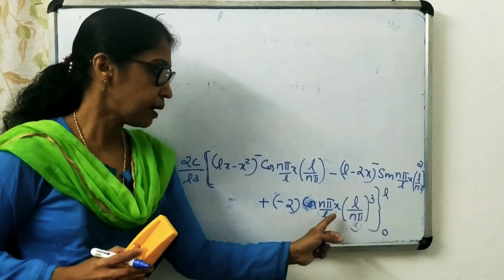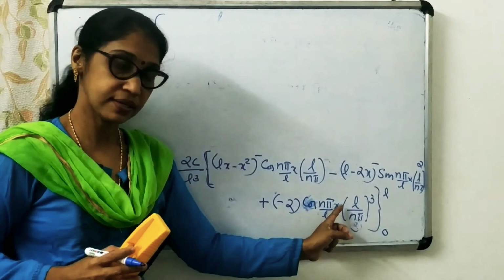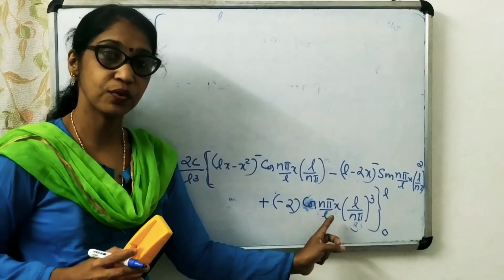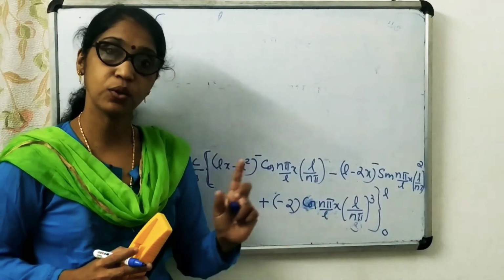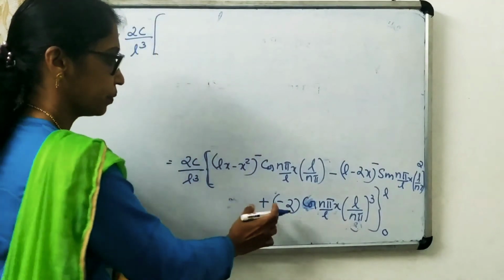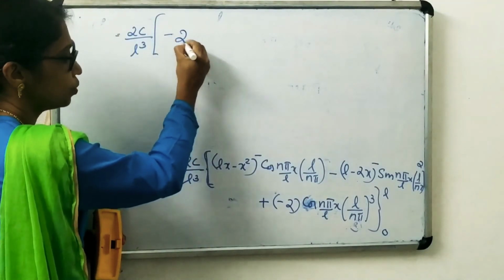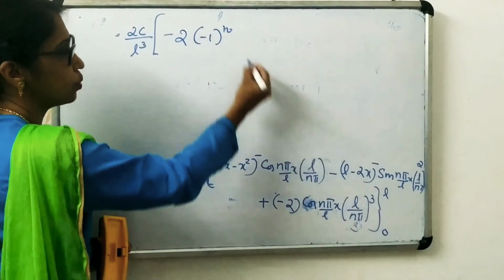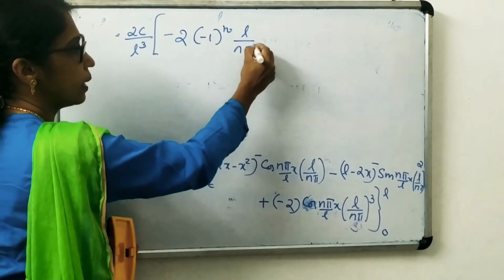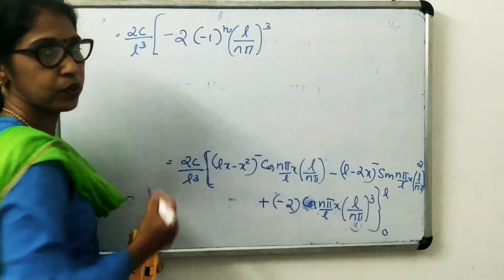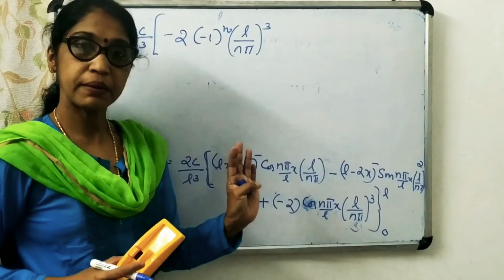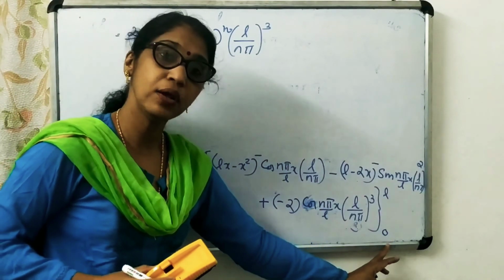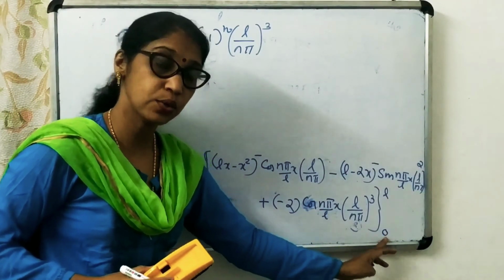So here when we apply L we get cos n pi, and the value of cos n pi is (minus 1) raised to n. So minus 2 into, this becomes (minus 1) raised to n into (L by n pi) the whole cube. Okay, the upper limit is over. Now I am applying the lower limit. The lower limit is 0.